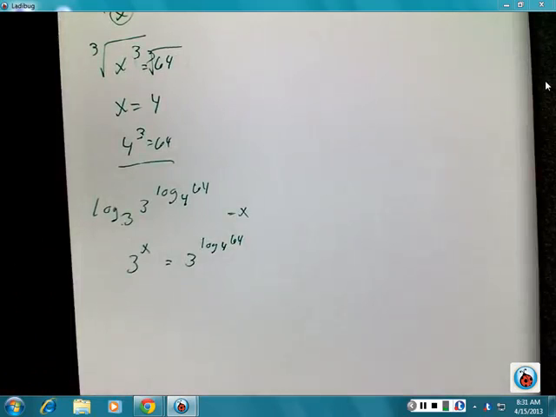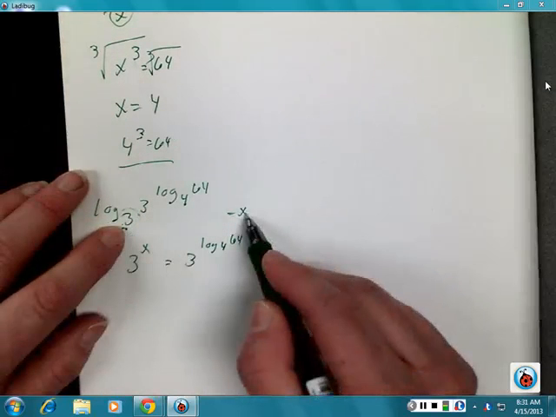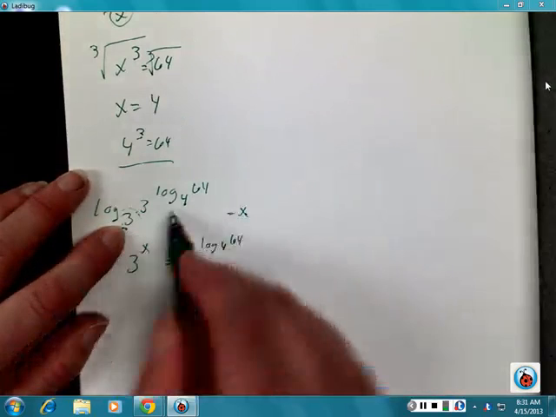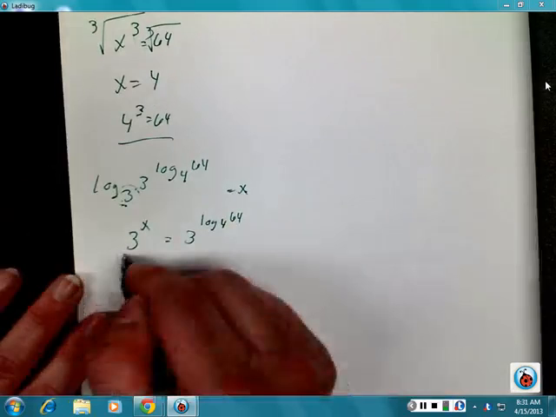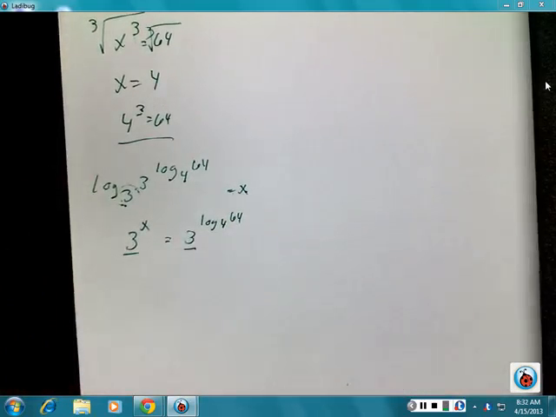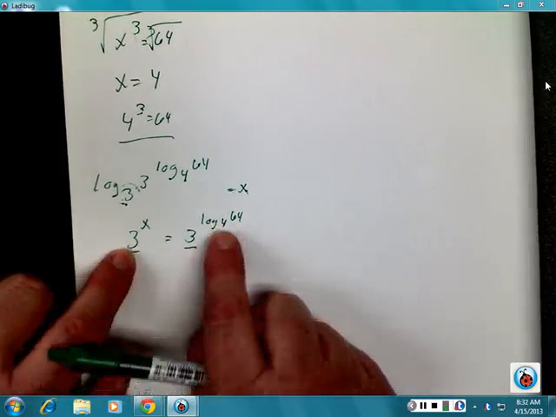Everybody okay with that part? Again, here's my base. There's my exponent. This is what it's all equal to. Now if we take another look at this, our bases are the same, and they kind of snuck this one in on you. Bases are the same, so that means my exponents equal each other.